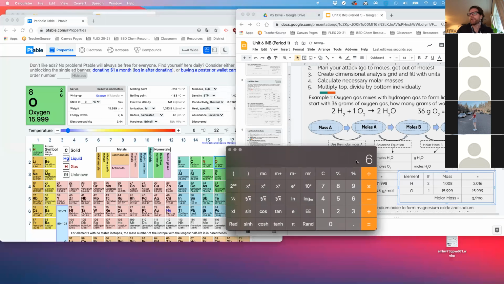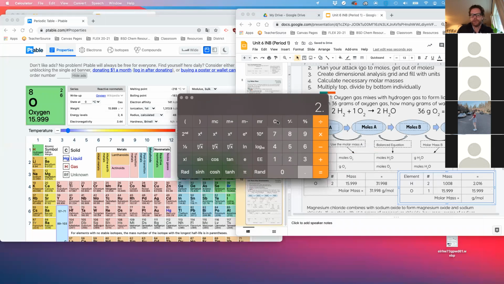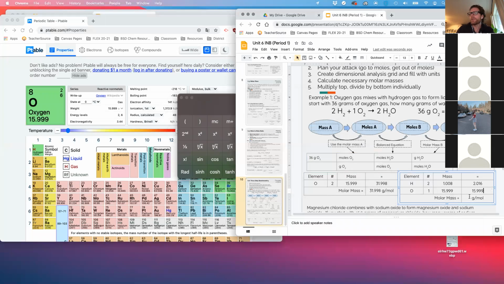The last step is I just need to add those together. So I say 2.016 plus 15.999 equals 18.015, 18.015 grams per mole.